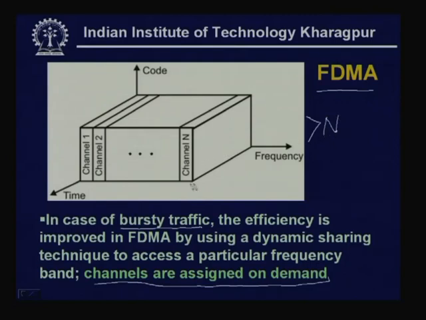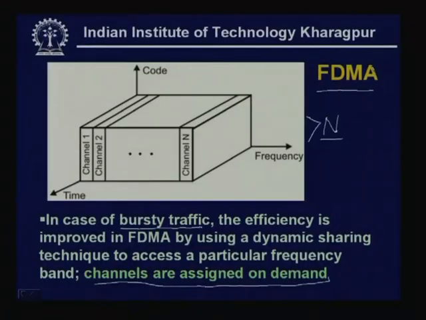However, since this is assigned dynamically on demand, the total number of stations can be larger than the number of channels. Obviously, this is possible only when the traffic is bursty in nature. If the traffic is streamed, that means continuously sent, then of course it cannot be done.